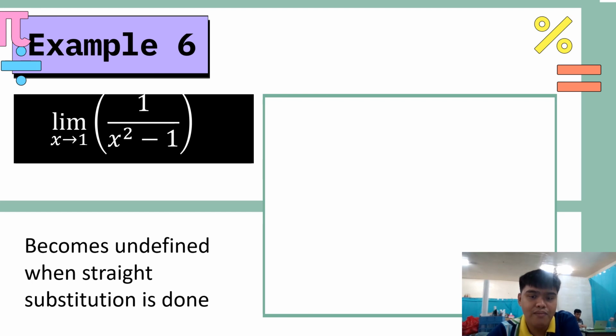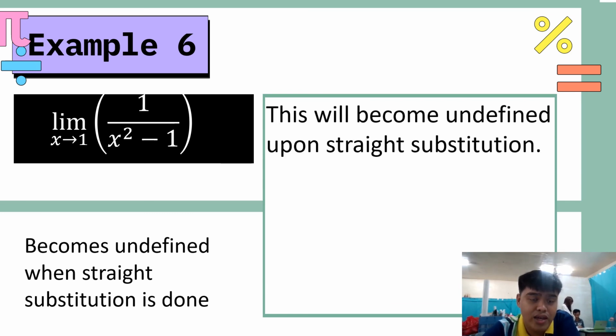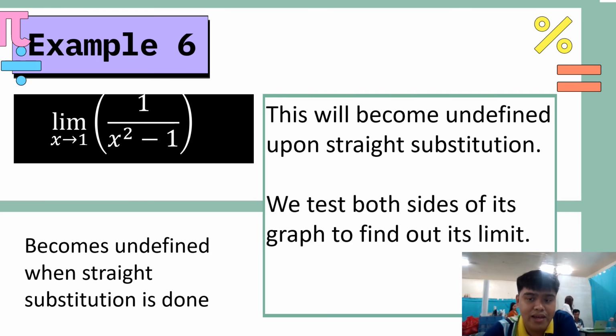Now in example number 6, we see that the limit of 1 all over x squared minus 1 as x approaches 1 will become undefined, since this will result to 1 all over 0. Now we can reasonably say that this will result in an infinite limit, but we need to test again whether both sides of the graph will result in the same type of infinite limit.